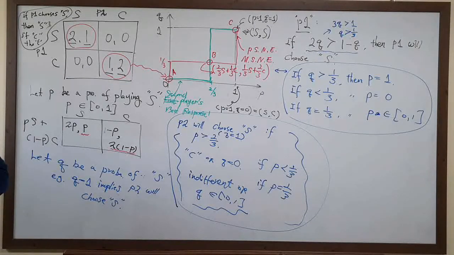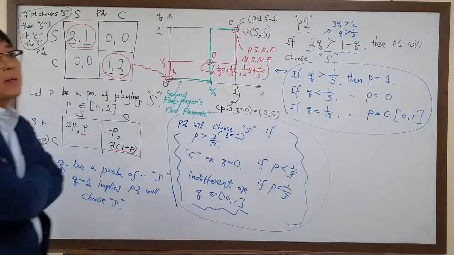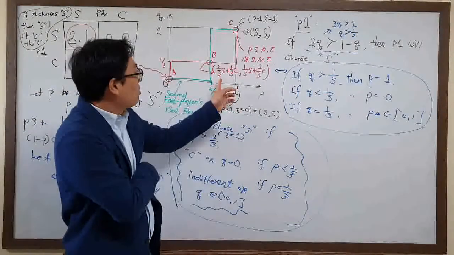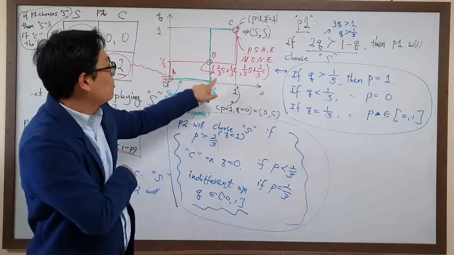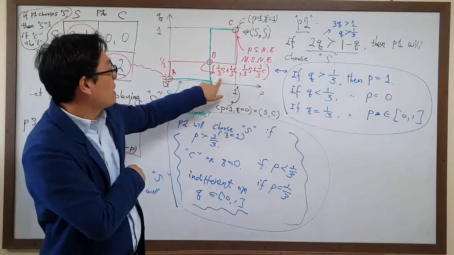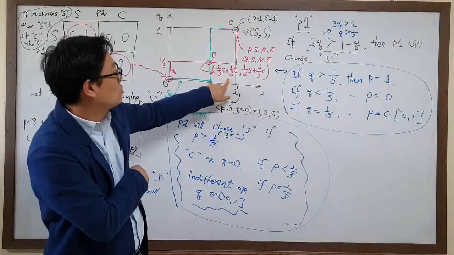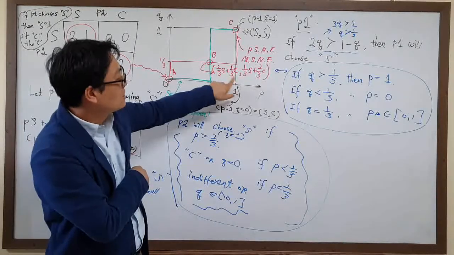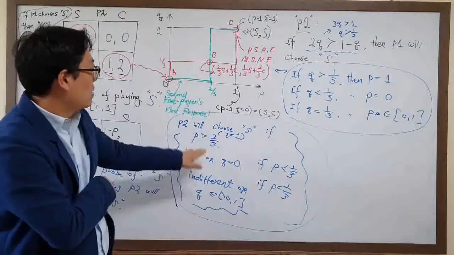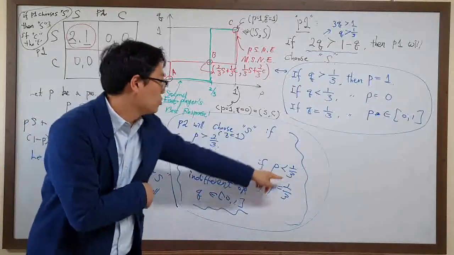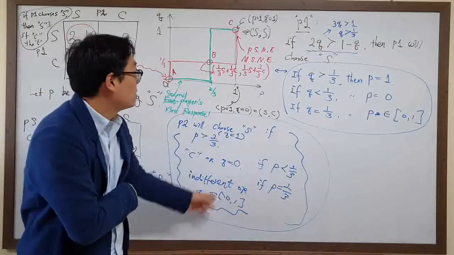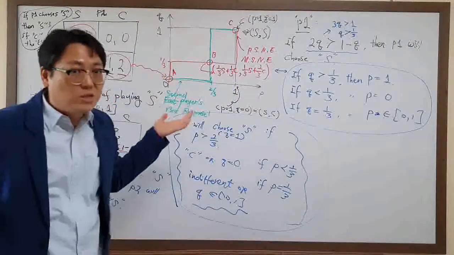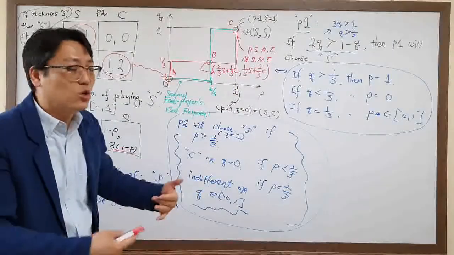Why? Because the best response functions meet. If we are playing 2/3 S plus 1/3 C, then Q can be any number, so I don't have any reason to deviate from the current Nash equilibrium.